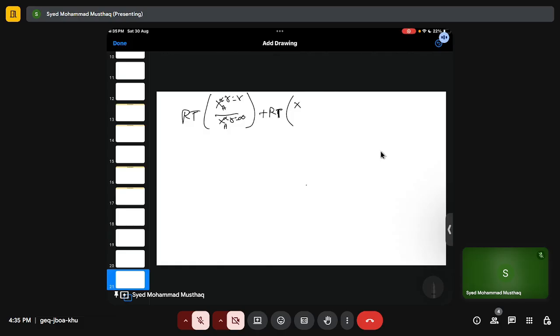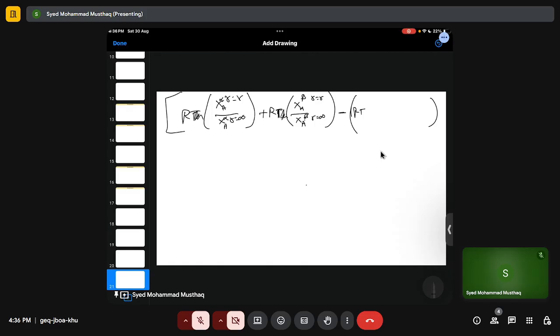This is the mole fraction of A in beta at R equals R over R equals infinite, and then the same goes for B also. Oh, I forgot to write ln.